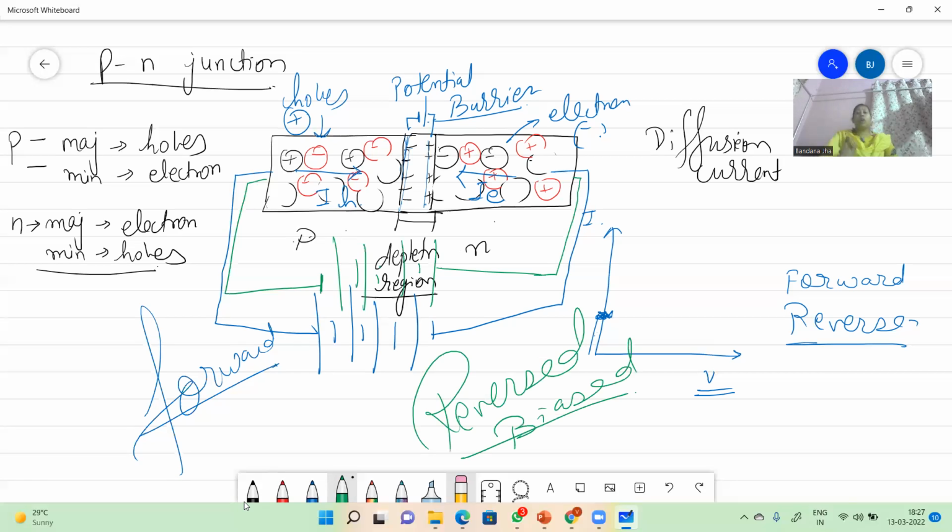Now, we know that if we connect reverse bias, the protons want to come here to attract the negative terminal. Then very little current flows in this type of circuit. In reverse bias, just milliampere of current is flowing.